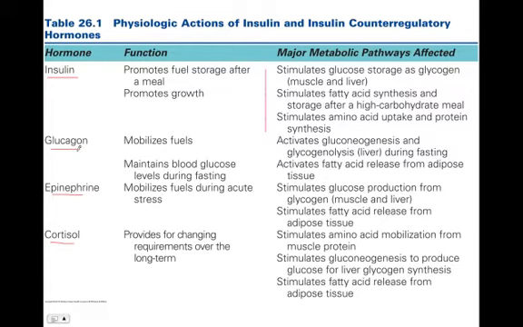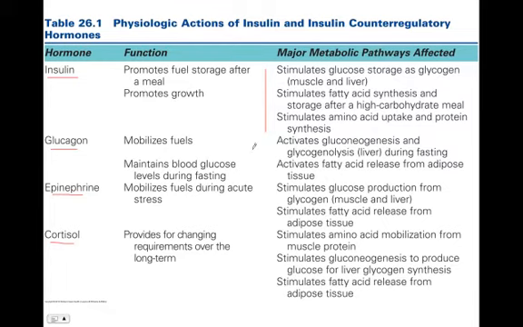Glucagon, on the other hand, is elevated during the fasted state. So 3 to 4 hours after a meal, as blood glucose levels start to drop, we have an elevation of glucagon. Glucagon stimulates the mobilization of fuels as a means of maintaining blood glucose levels.